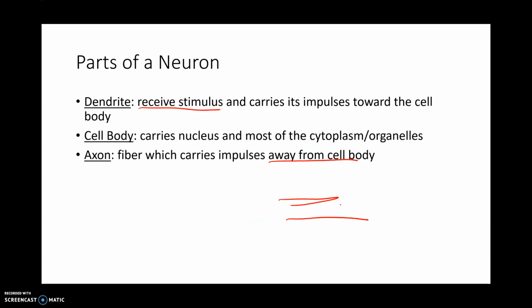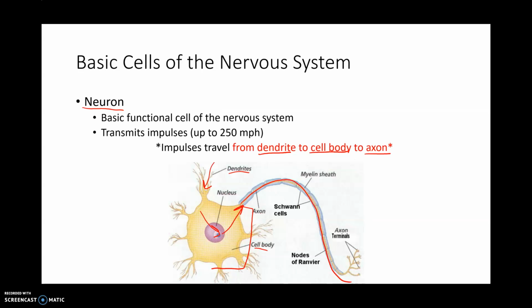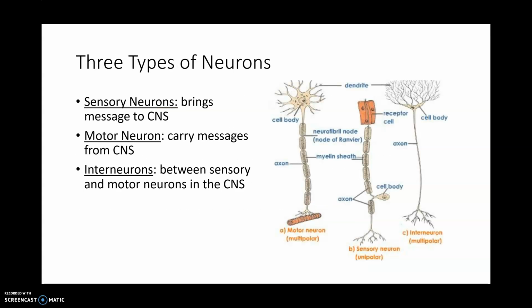So I'm going to go back to that picture that we just saw, and let's add some more things to this picture. So here are our Schwann cells right around. Our myelin sheath is also in the similar area as our Schwann cells, but in between each of these little bundles right here, in between is going to be that nodes of Ranvier. So those are just a couple more terms to add to your knowledge here.